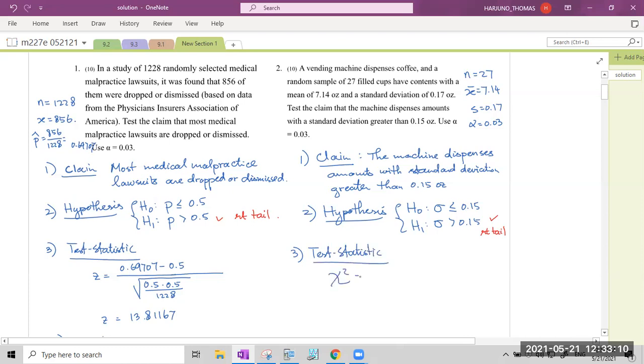Chi-square is degree of freedom, 26, times sample variance, 0.17. Don't forget to square it. Okay, because that's sample variance over population variance, 0.15 squared. I get 33.39556.